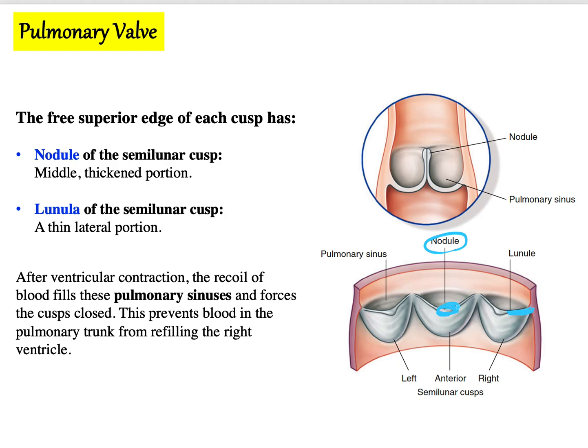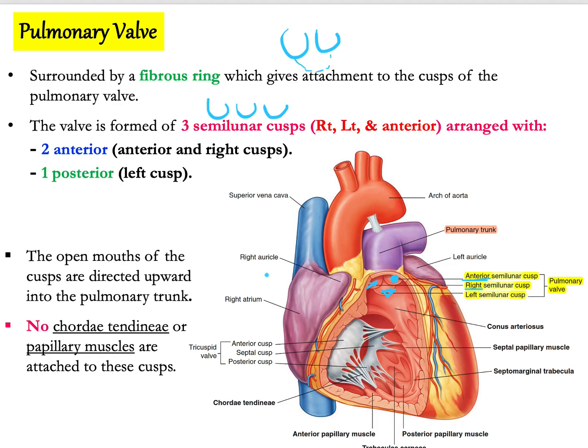So we have the nodule and the lunule. When the right ventricle pumps the blood up, the blood pushes the cusps, so the blood will go from the right ventricle to the pulmonary trunk.